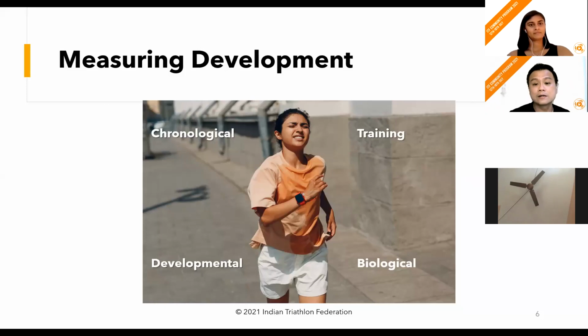And the final one would be biological. So again, some youths or children develop slower and they will hit puberty at a later age. So girls generally develop a little faster, boys slightly later, but within these two gender types, not everyone develops at the same time. So some kids develop very late, some hit puberty at 15.